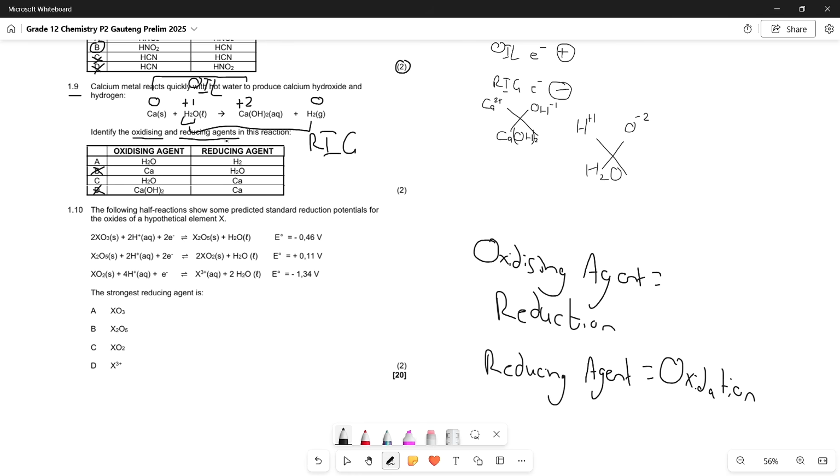But then if we're going to look at reducing agent is the thing that undergoes oxidation. That is our Ca going to CaOH. And then agent is just the thing on the left side. It is our reactant, which means that Ca is the option that we need for our reducing agent. And that is why C is our answer over here for 2 marks, and A is not our answer because it is saying that H2 is the reducing agent. So therefore, A is out.